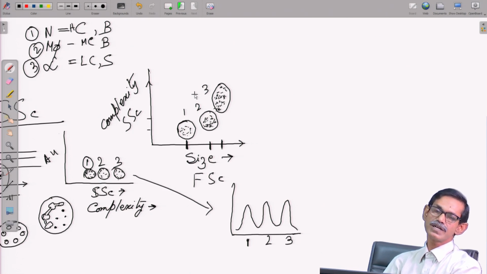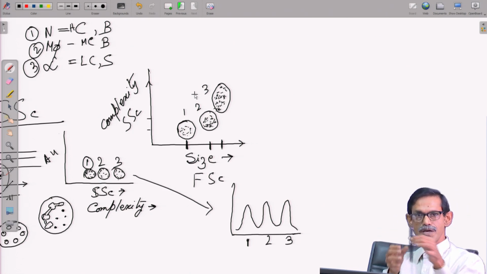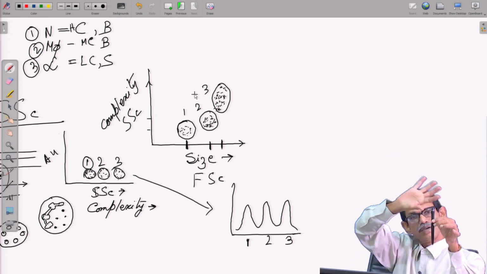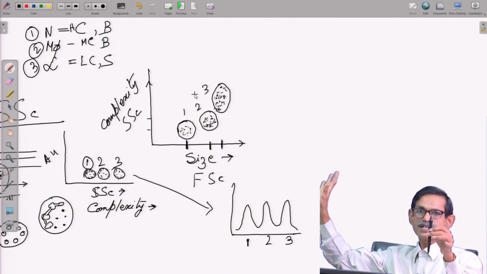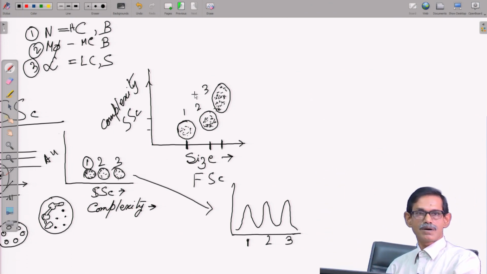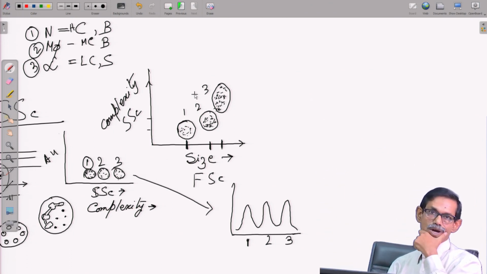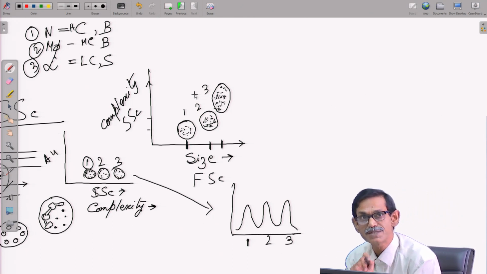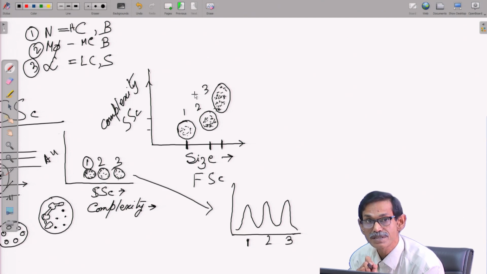So, you do not have to do anything, you just take the cells in a tube, fit it in, press run, it will go automatically, everything will be done, you just get the data from the computer and analyze it depending on what you want to do. Okay. But this is not as simple as this, definitely you need to calibrate the machine, you have to know the software. So, this part is without fluorescence.